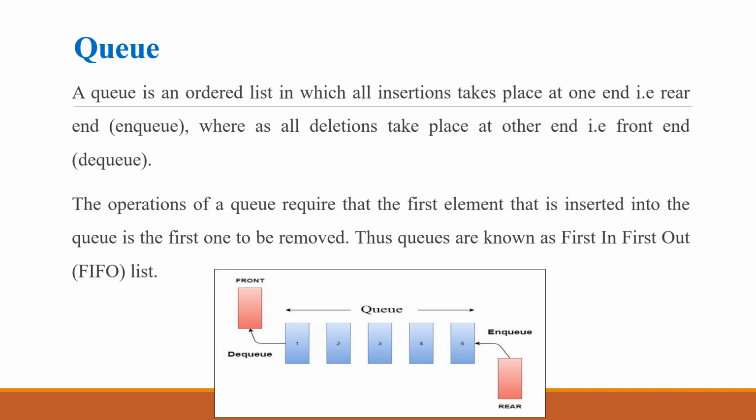So on the right side we have given rear. Along with that, the process name we call NQ. So elements are inserted at one end, that end is called the rear end, that process is called NQ. And similarly, elements are deleted at the other end. That end is called the front end. That process we call DQ.